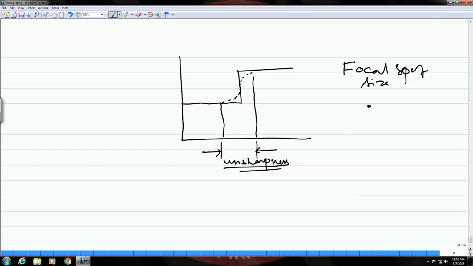So, if this be the point source, and let us say you have an object like this and there is a feature like this on the object.